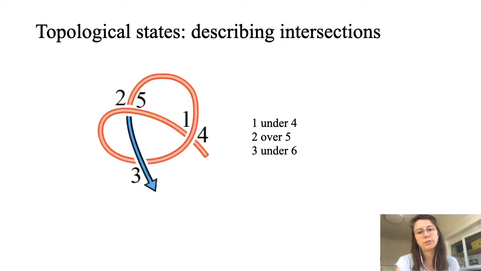Topological states describe self-intersections in the 2D projections of a rope. The order of encountering intersections while traversing the rope, as well as the vertical ordering of which segment is on top of the other, are recorded as the topological state, just as shown here.